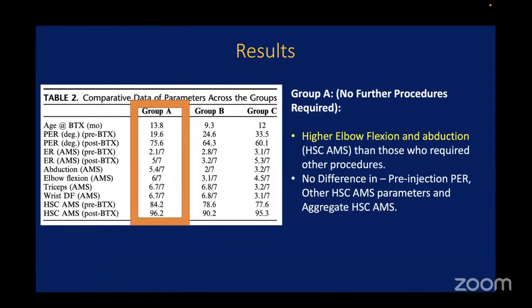Group A, as I mentioned earlier, did not require any further procedures. They had higher elbow flexion and abduction than children in groups B and C. But there was no difference noted in pre-injection passive external rotation or any other parameters or even the aggregate scores.